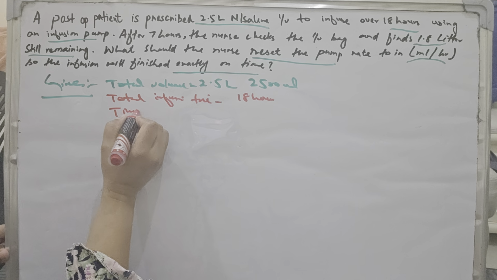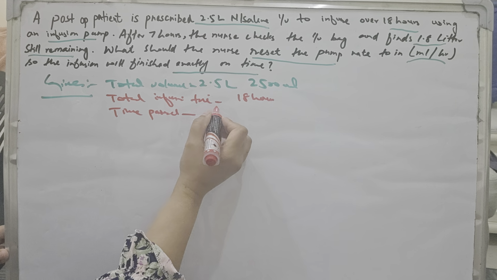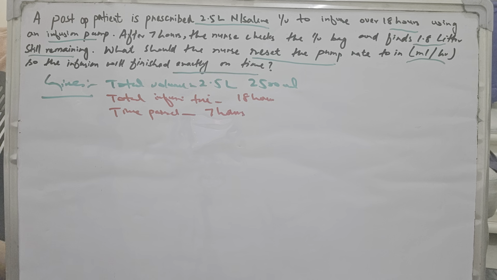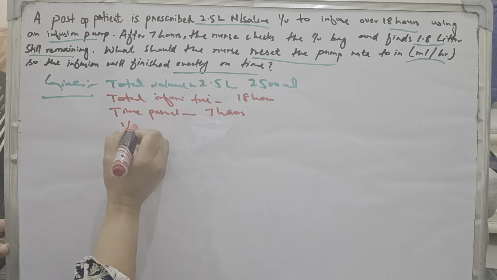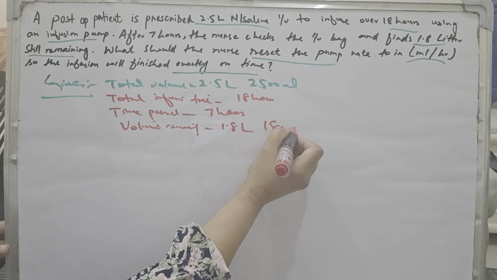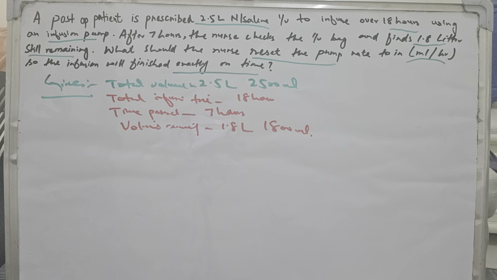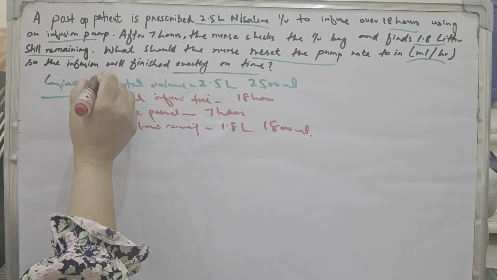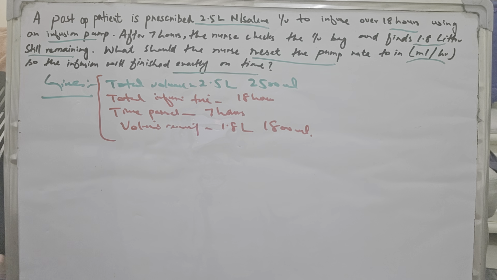Then the time passed: 7 hours already passed and the nurse noticed 1.8 liters is remaining. So the volume remaining is 1.8 liters, meaning 1800 ml. We are asked to reset the pump rate to finish the infusion on time. These are the given values: total volume 2.5 liters, total infusion time 18 hours, time passed 7 hours, and volume remaining 1.8 liters, meaning 1800 ml.